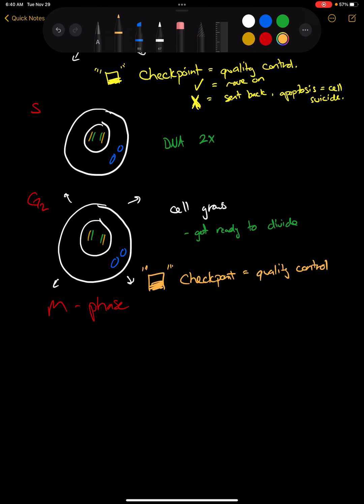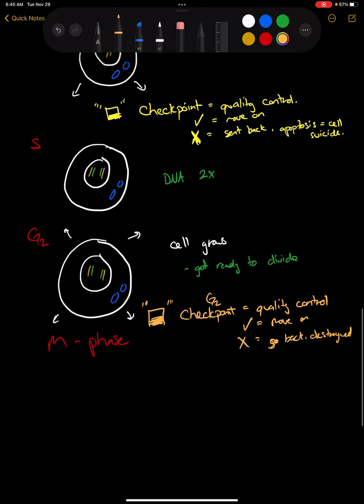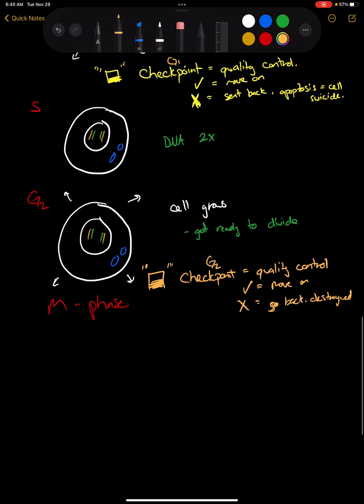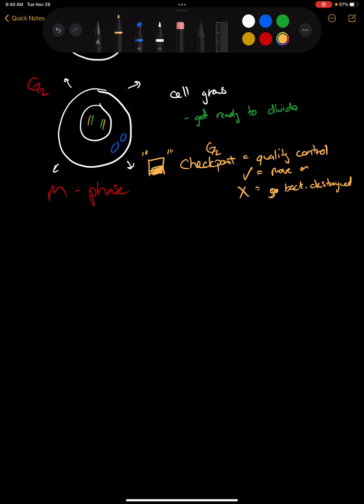Again, if I pass, I get to move on. If I don't pass it, I either go back or I get destroyed through apoptosis. And so I have a G2 checkpoint. I also have a G1 checkpoint. Now let's say my cell did amazing and he did exactly what he was supposed to do.